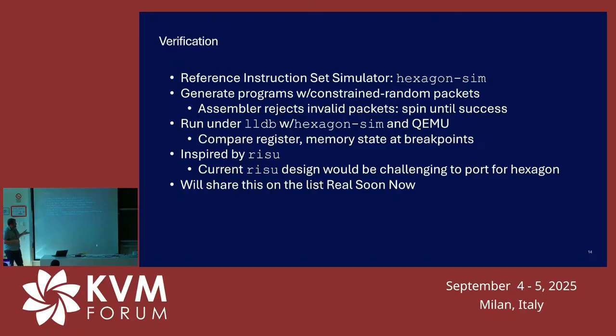The ones that it accepts are ones that we were able to run under the debugger and compare the state of the registers at various breakpoints between Hexagon Sim and QEMU. When we first started to run this, we found several bugs in QEMU, of course, but then also in things like the assembler and Hexagon Sim itself. We did find at least one particular bug.